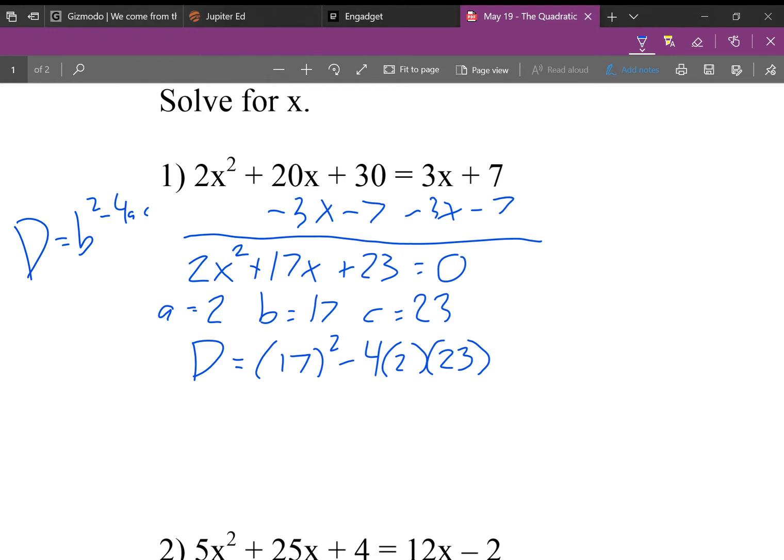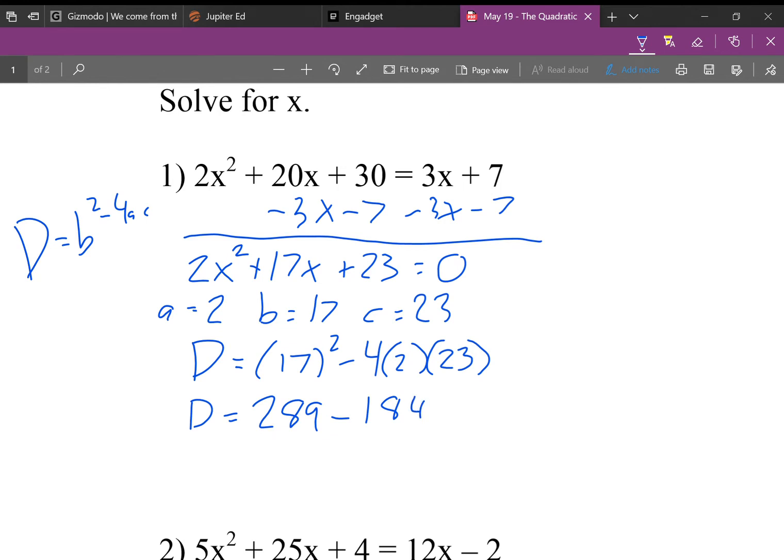Let's go ahead and figure this out. So 17 squared is 289. Then 4 times 2 times 23 is 184, but we're subtracting it because of the negative.